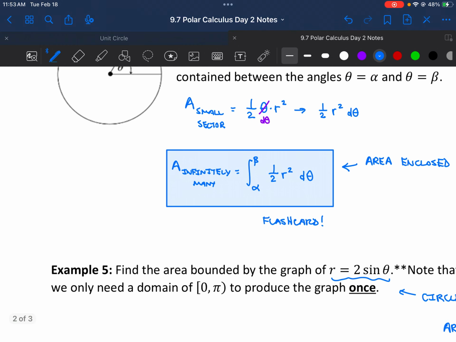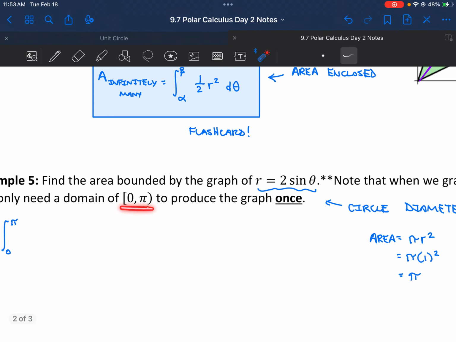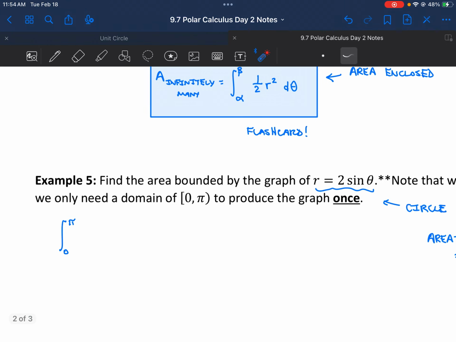So the area enclosed by the circle would be the integral from 0 to pi. Notice we're going 0 to pi, not 0 to 2 pi, because in the previous set of notes, for a circle, we only had to go from 0 to pi to produce the graph once. If you go 0 to 2 pi, it's going to double it. We don't want to do that.